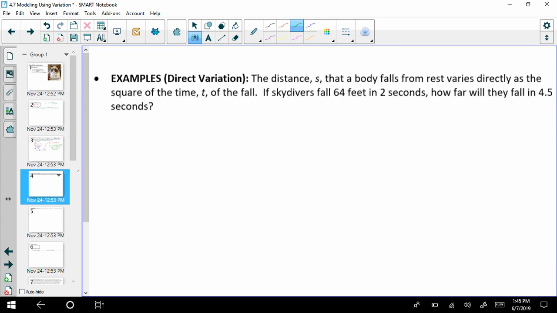Let's try another one. The distance s that a body falls from rest varies directly, there is the key, varies directly, as the square of the time t. Okay, let's start right there. So I want to vary directly. So that's going to be my setup.